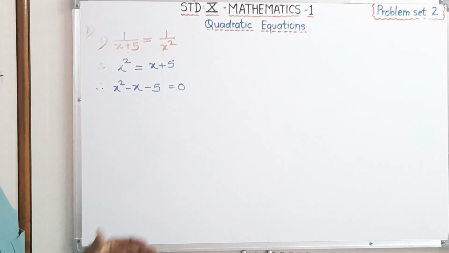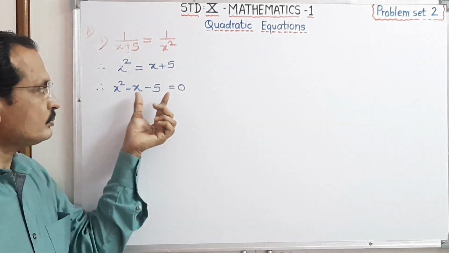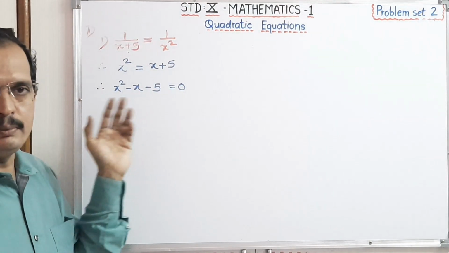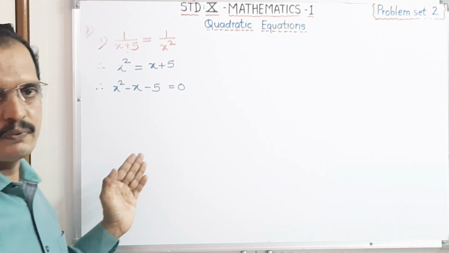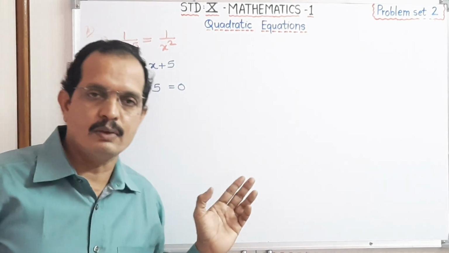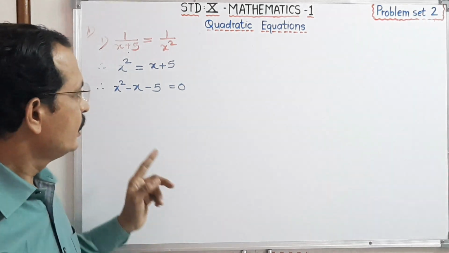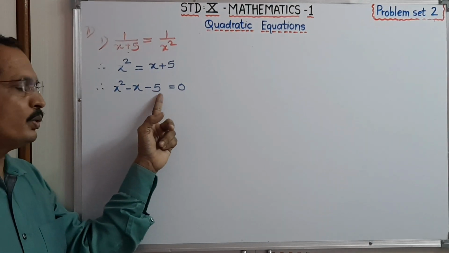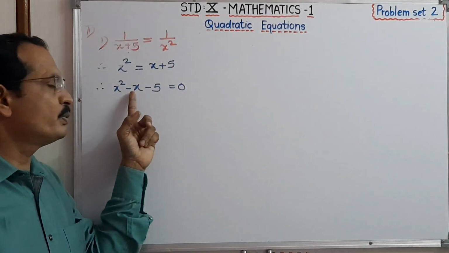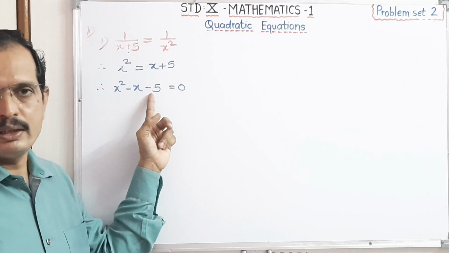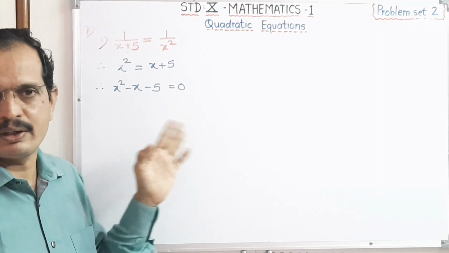Now this equation we write in a standard form. Now we have to solve by any method. We learn two methods. First one is the factorization method, and the second one is by using formula. Here we have to find out the factors of this 5, whose subtraction should be 1. Factors of 5, it is a prime number, therefore the factors are 1 and 5 only.